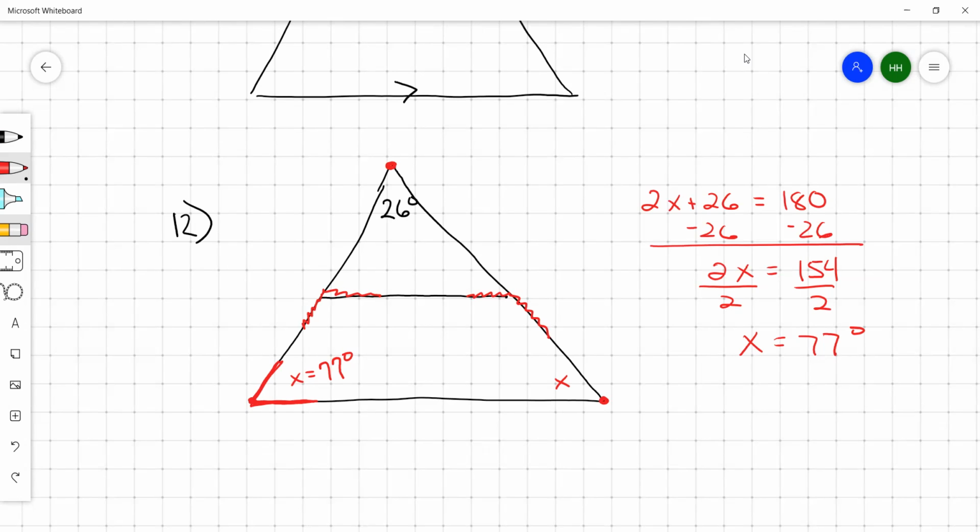So this angle is going to be 180 minus the 77, which is 103. So be careful when you're reading that question tomorrow. All right, two to go here.